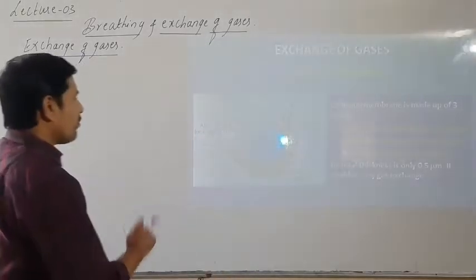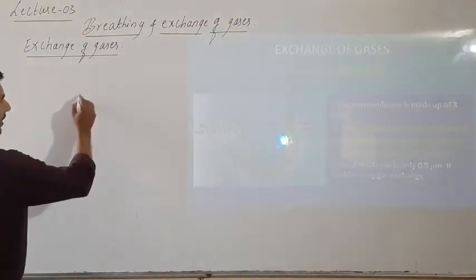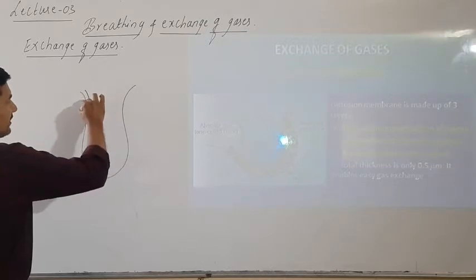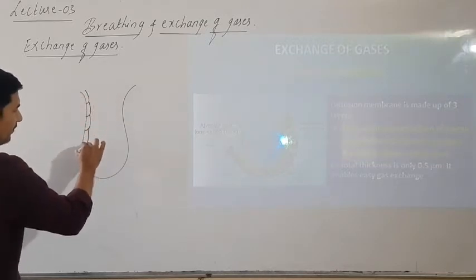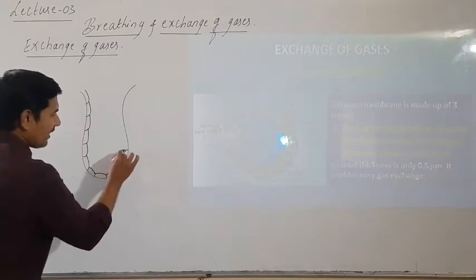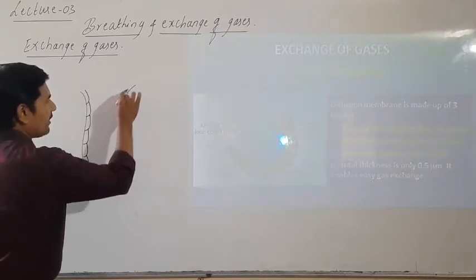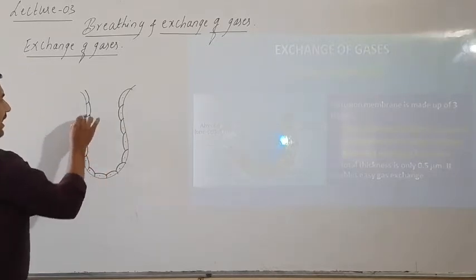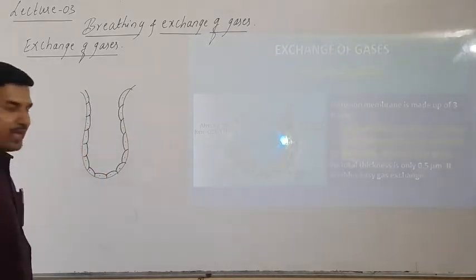Now if we look at the alveolar membrane, the alveoli is lined by a thin membrane. This membrane is called a squamous epithelium.